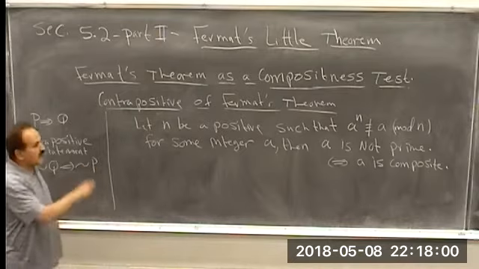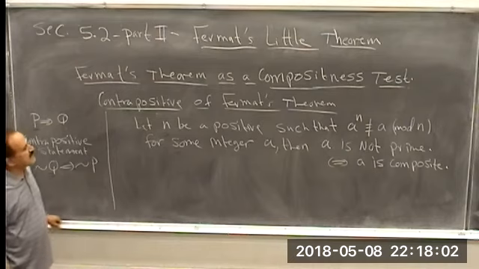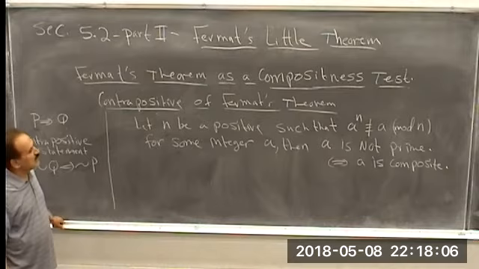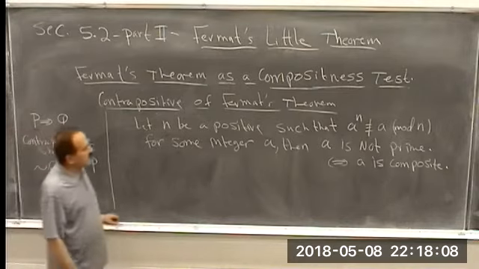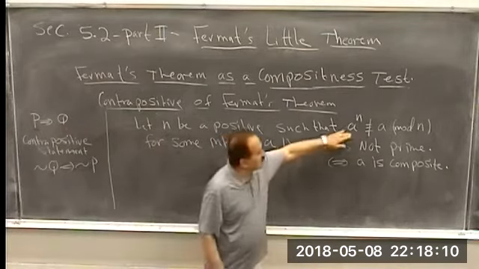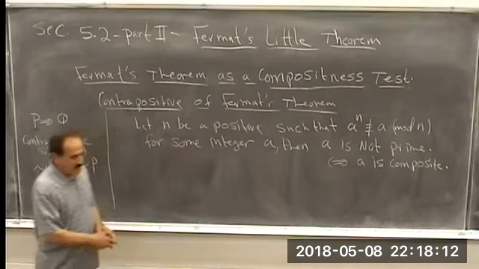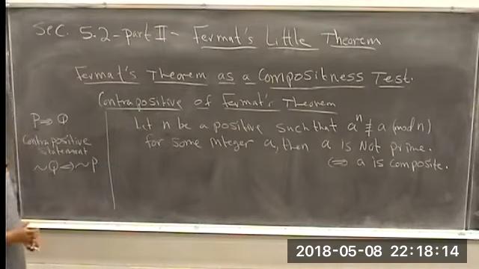We're going to be talking about the converse, and it turns out to be not true. It is possible for some composite numbers to satisfy this congruence relation. These are what we call pseudo-primes. So we're going to be talking about this shortly.